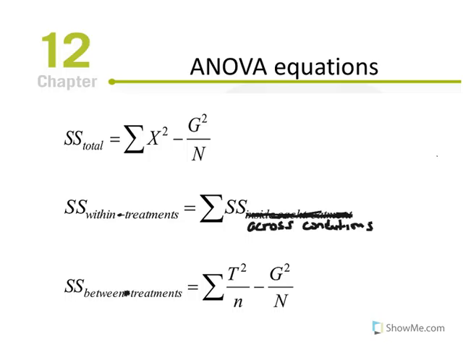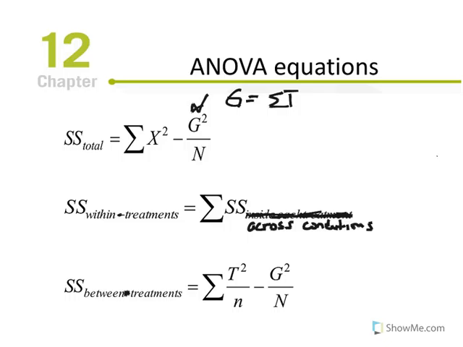So this is equal to what I just reviewed given those three different conditions. We took all the x values in each condition, squared them, and then took the summation of all those squared x values. And G, we learned, is equal to the sum of T, so essentially we're taking the sum of x across all conditions and squaring that value.